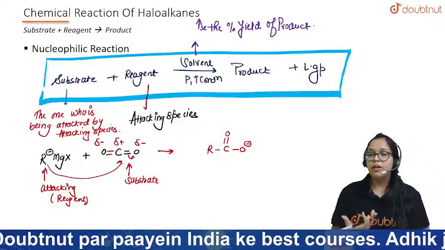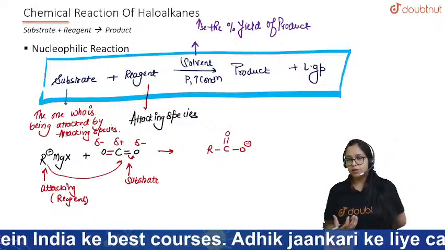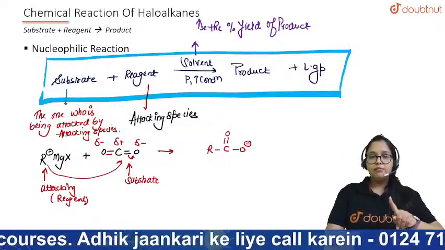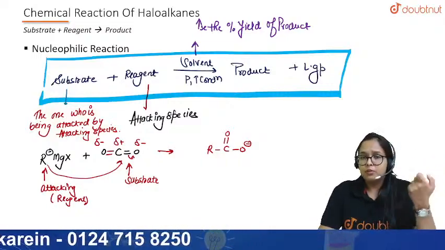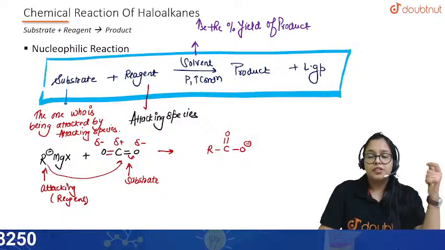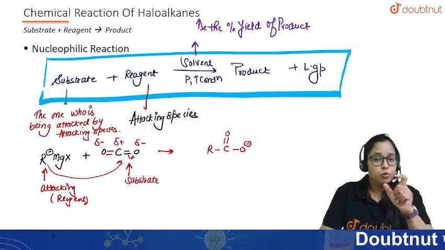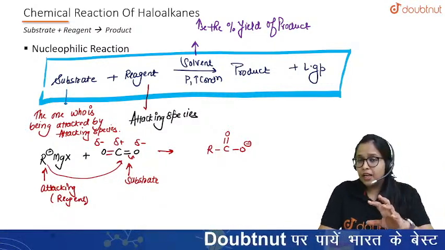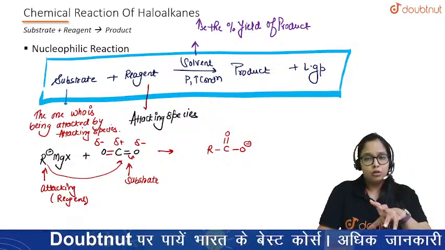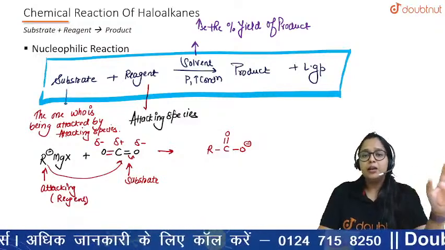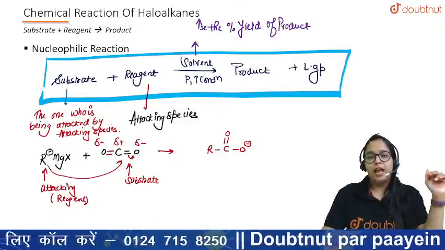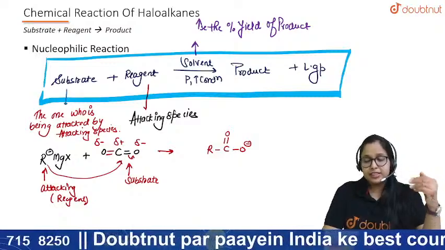Yield is the quantity of product which is being formed. Suppose in a reaction 1 mole of substrate reacts with 1 mole of reagent to give 1 mole of product. But sometimes you do not get exactly 1 mole of product. You might get 0.5, 0.6 or 0.2, depending upon how effective the reaction is, right?